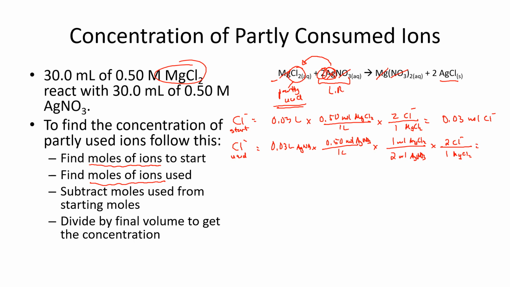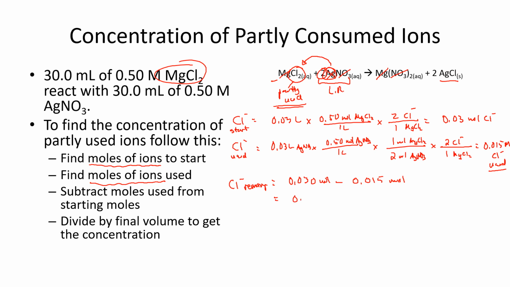Okay, so let's see what that works out to. So 0.03 times 0.5 divided by 2 times 2 is 0.015 moles chlorine ions used. All right, so we're almost there. So chlorine ions remaining. You've got to take what you started with, moles, and subtract what was used up, moles.